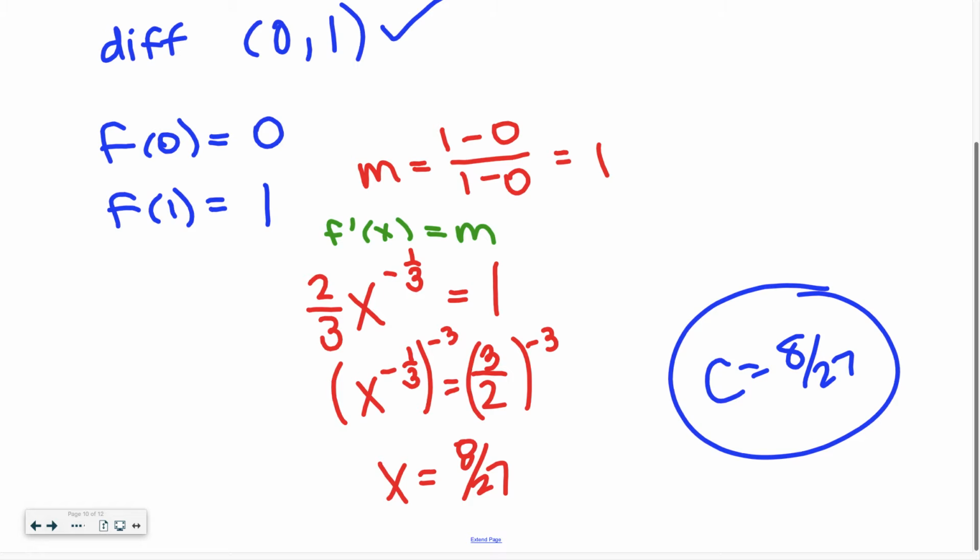So in Rolle's theorem, your two coordinates had the same y value. We were setting our derivative equal to 0. We're still doing the same thing. We're setting our derivative equal to the slope between the 2 points. We're just not actually having to find that slope, okay? So Rolle's theorem is just a special case of the mean value theorem when your 2 points have the same coordinates, or the same y coordinates, sorry.